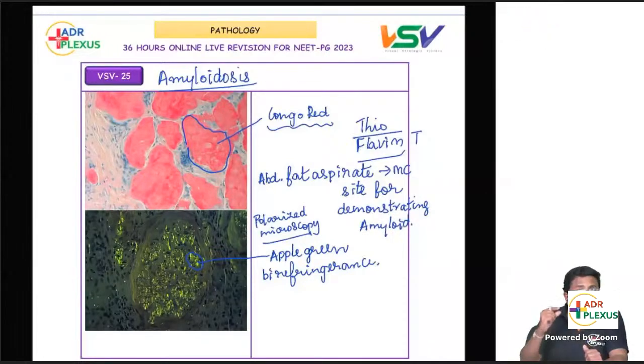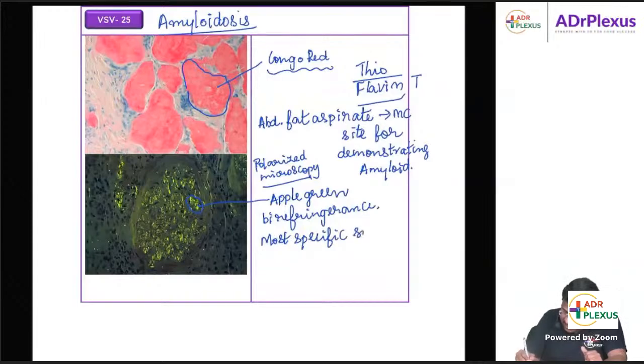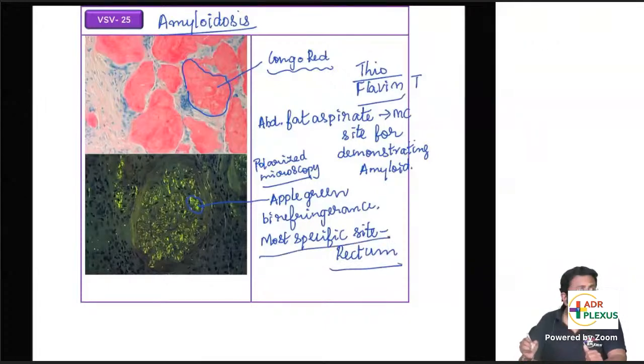And which is the most specific site for demonstrating amyloid? Please remember, the most specific site is the rectum.